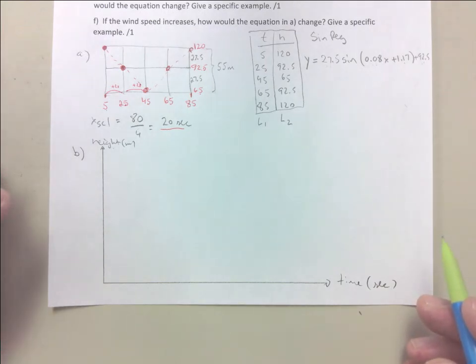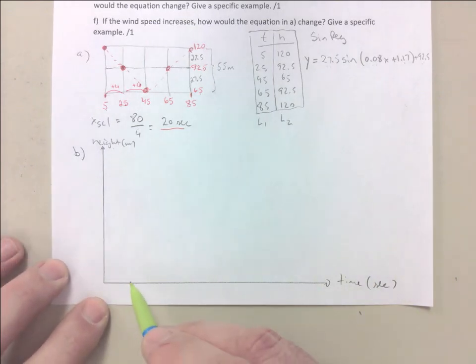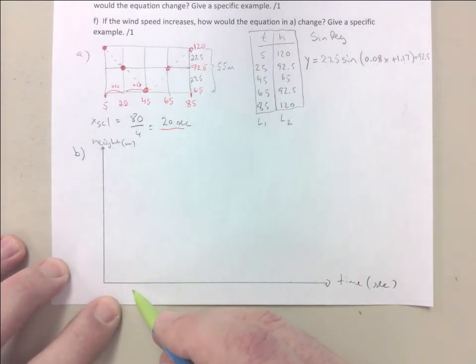What does it say? It says graph this for 2 full rotations. So if a period is 80, 2 times 80 is what, 160? I'm going to go to 200 just to be safe.